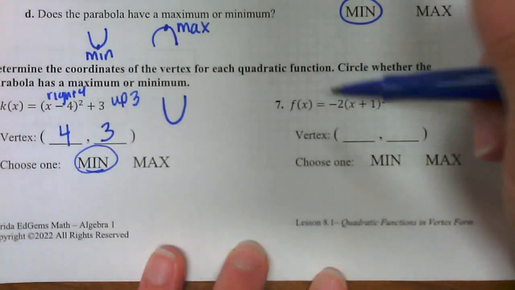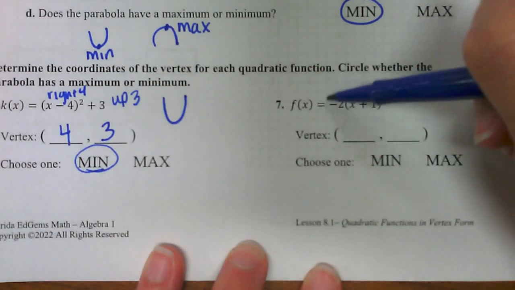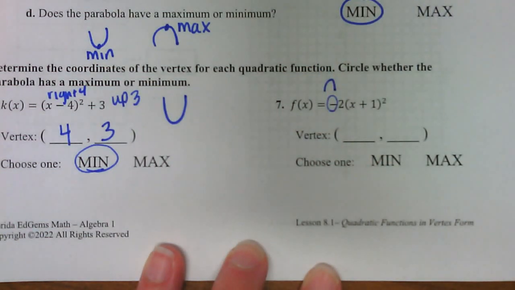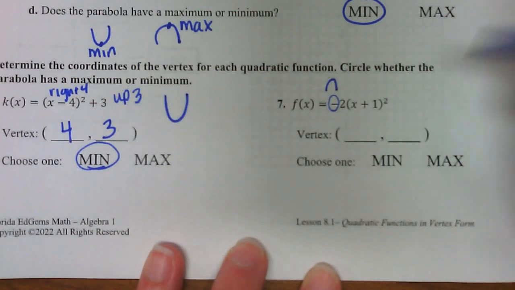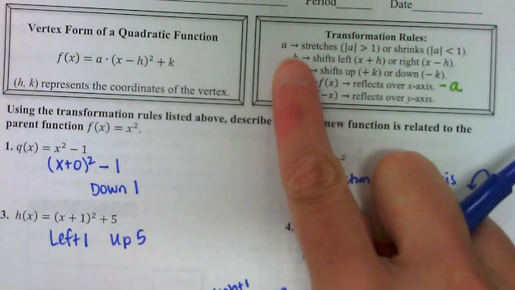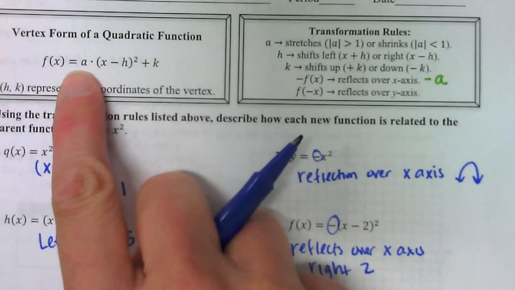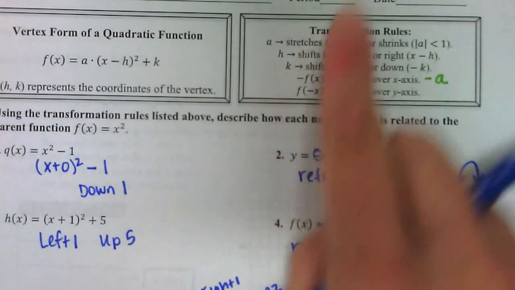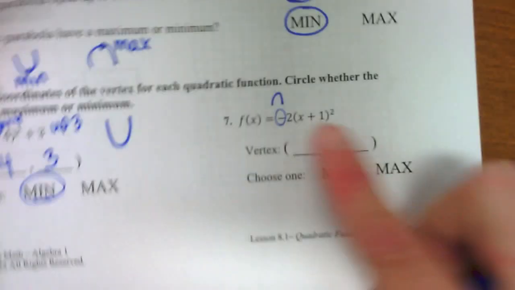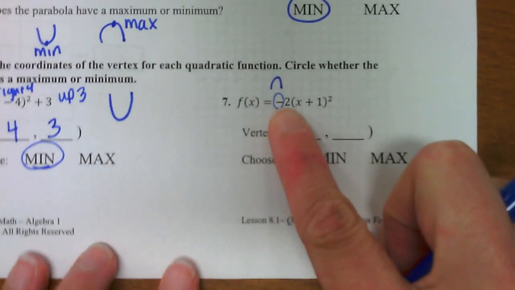Okay, number 7. When I look at this function, there is a negative here. That tells me my graph opens down. Okay. This 2 that's out in front is like the A value. It doesn't change where your vertex is. It only impacts how narrow or wide your graph is. So that 2 does not change my vertex.